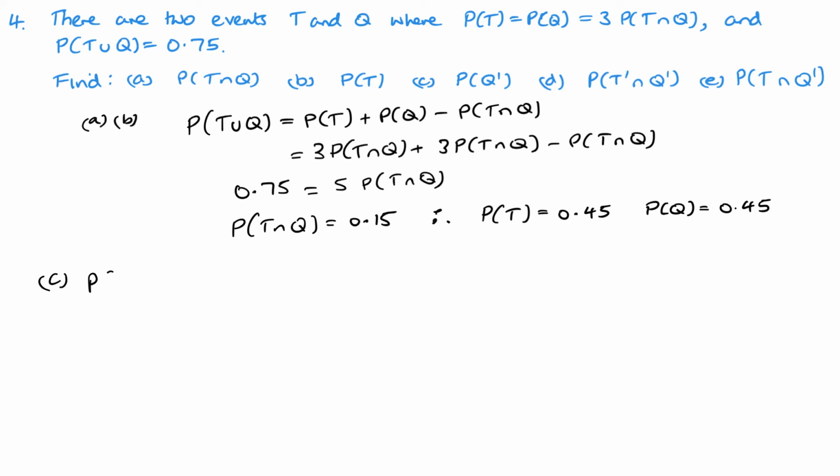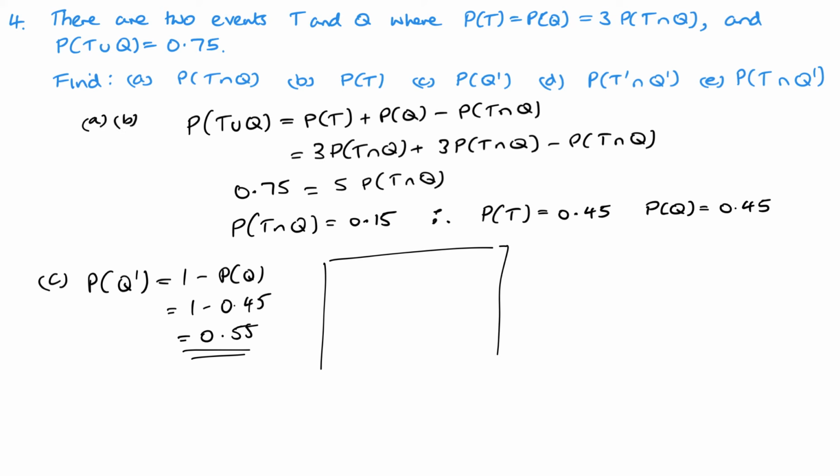Now on C, probability of not Q. So 1 minus the probability of Q, 1 minus 0.45, so 0.55. Nice and straightforward. As I get on to D, again now it's either going with my Venn diagram or my knowledge. What I'm actually going to do is I'm going to pop the Venn diagram up here, because some of you might have already put this in.